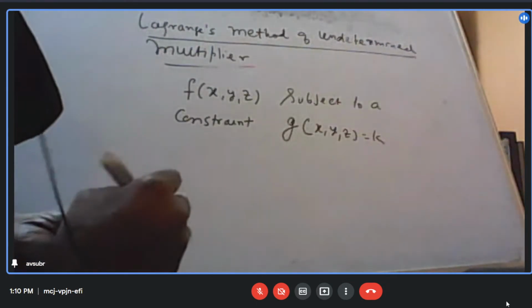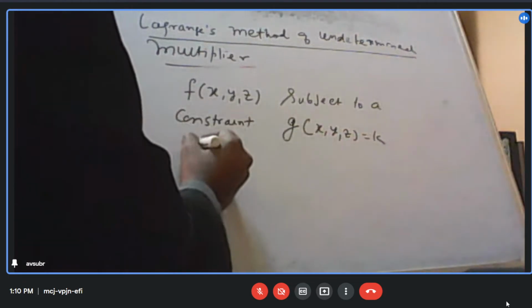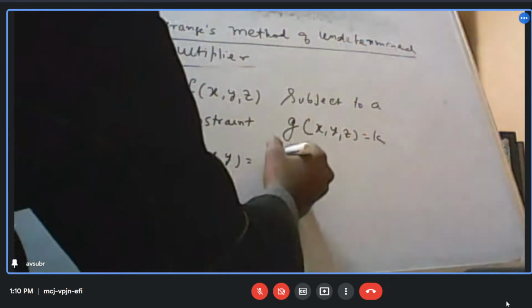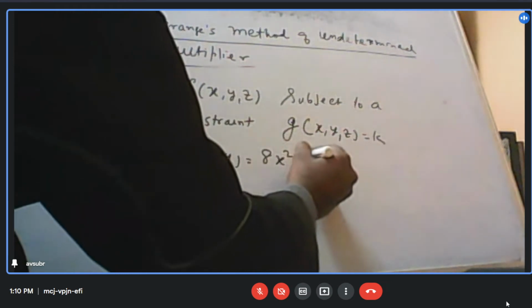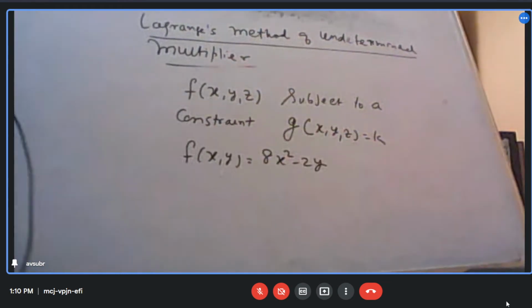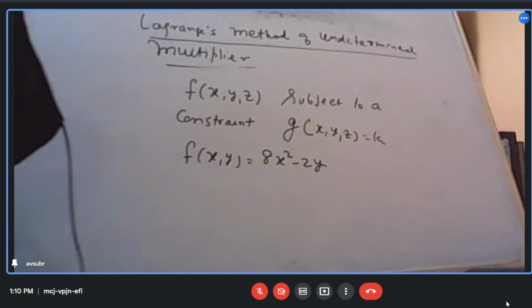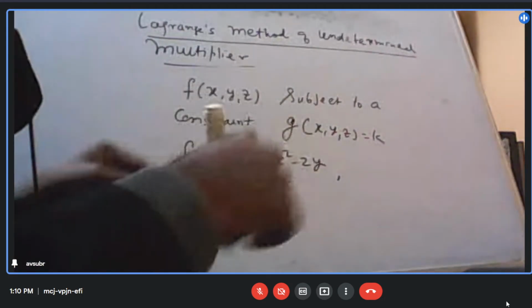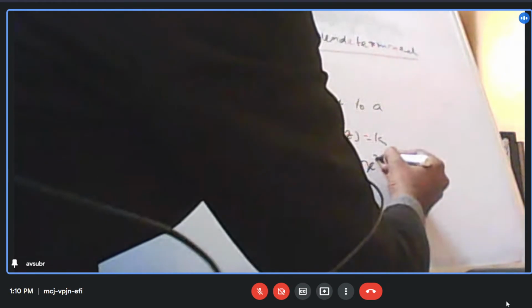So for example, I take that this function, which is a function of x and y, is equal to 8x square minus twice of y. And this is subjected to a constraint x square plus y square is equal to 1.